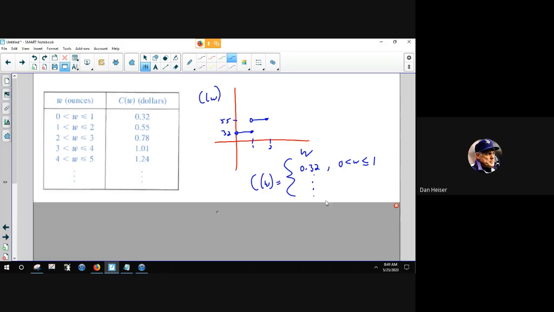It's a piecewise function. What's the best one? Probably this. If you're going to the post office, you're probably not going to see this graph. You're probably not going to see a piecewise function on the wall. You would see this little table here, this numerical representation with different weights and different prices.